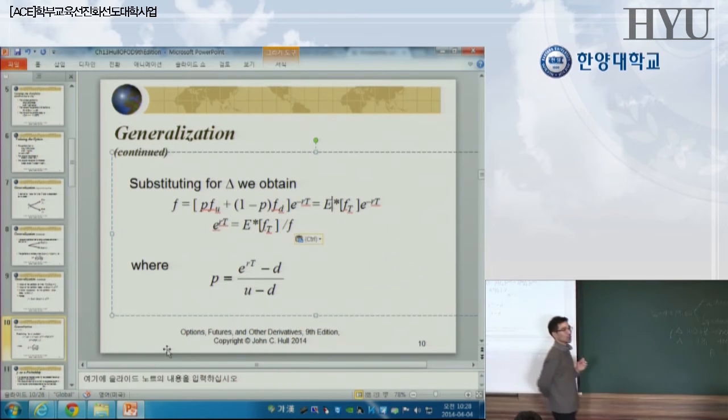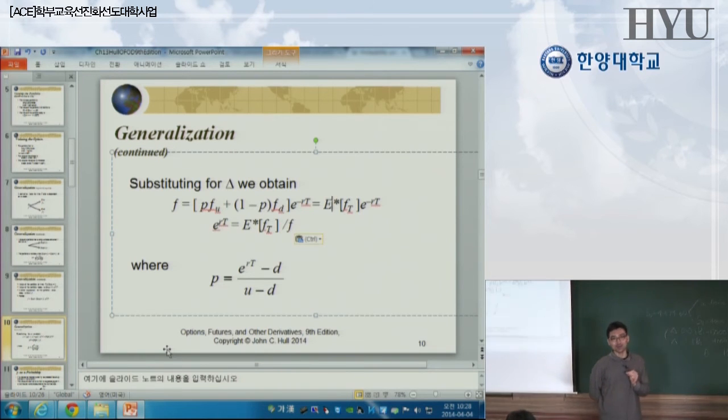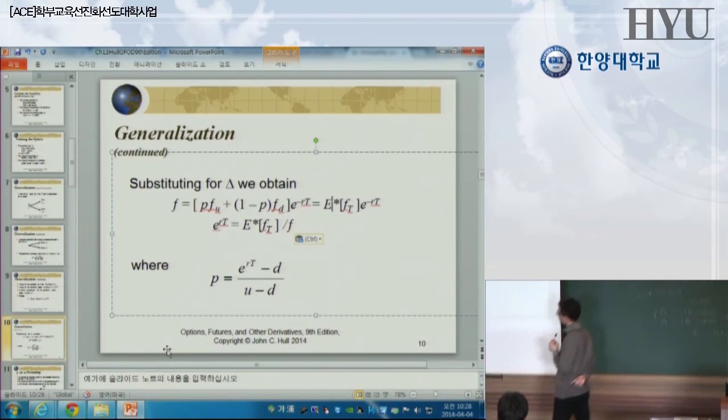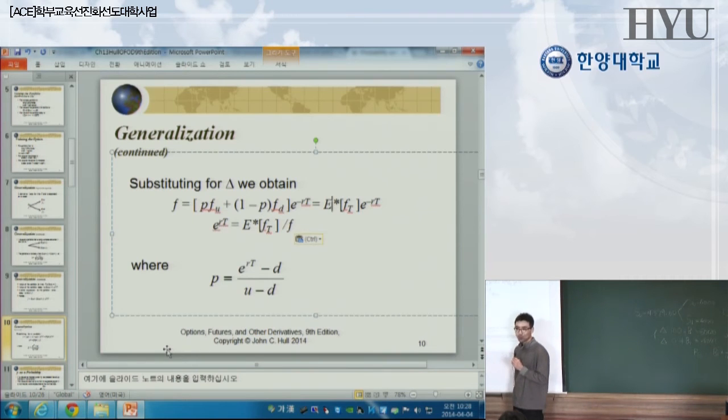Now, more importantly, we have to check the first and second axioms. The first and second axioms say that P should be between 0 and 1. Let's check whether this is between 0 and 1. First, is it greater than 0? How do we know that this is greater than 0?